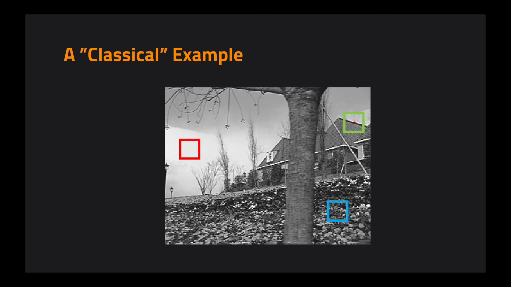On the other hand, the green box is an edge area, and we can easily decide how the pixels are moving perpendicular to the ridge of the house, the ridge of the roof. But along the ridge, it will be very hard to decide the motion direction.